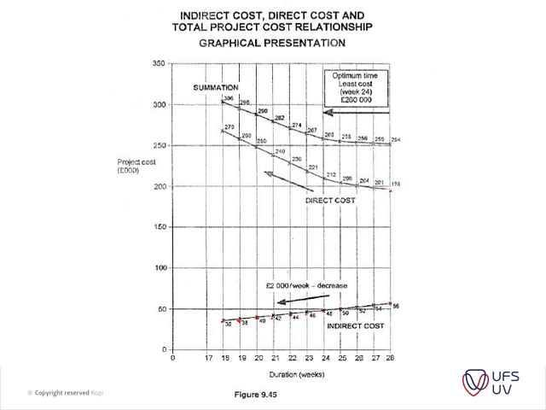So the initial one is 196, reducing it by 1 week, we get to 201,000, 204,000, 206, and so forth. And then we can see here it starts to jump from 212,000 to 221,000.